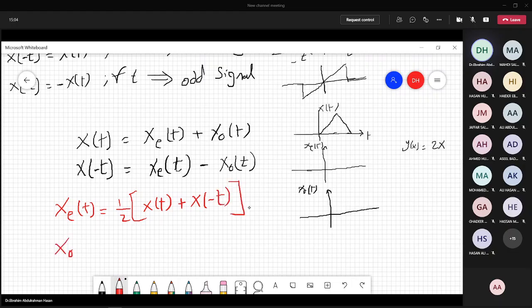And for x odd of t, if you subtract 2 from 1, then x even minus x even cancels. Here we have x odd minus x odd, which gives 2 x odd. Subtracting these two, x odd equals half of x of t minus x of minus t.